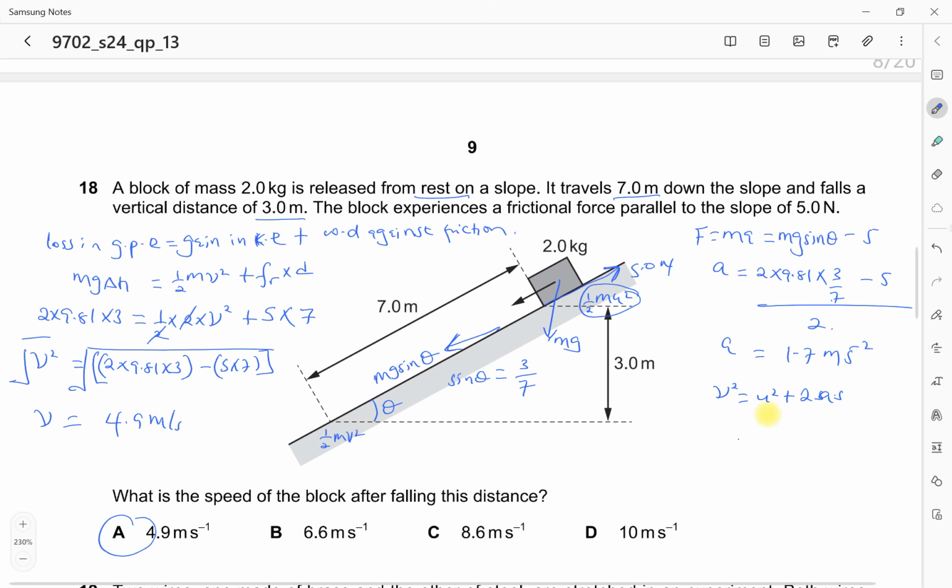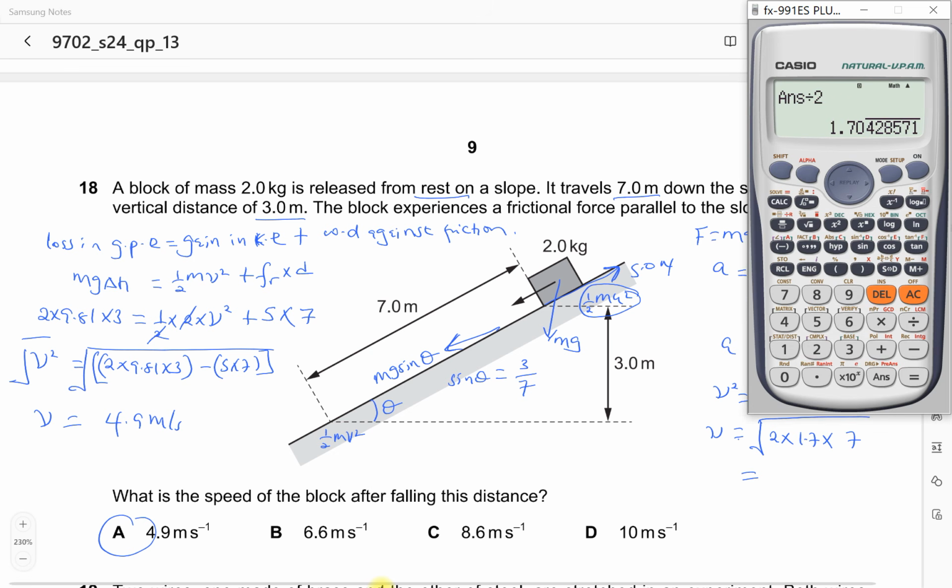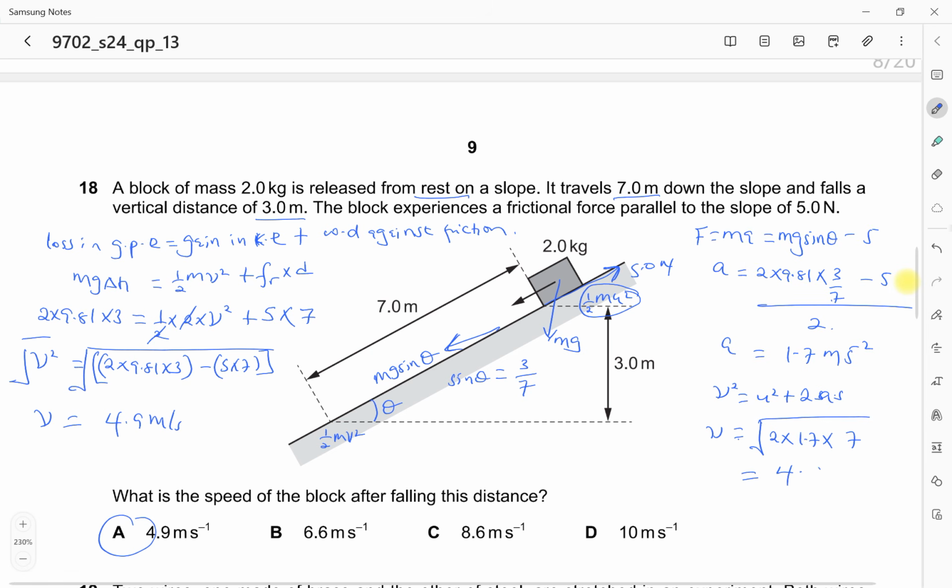So v is the square root of, remember u is 0 because it was released from rest, 2 times 1.7 times 7. Then root of the answer, which is 4.9. So the answer is A.